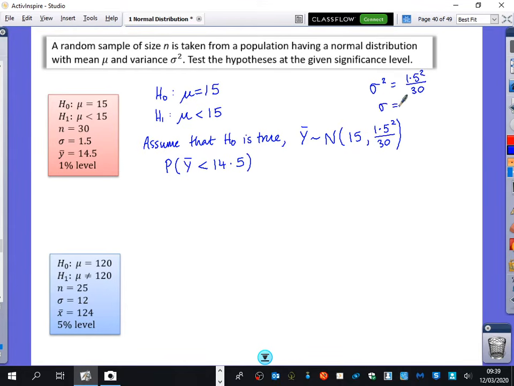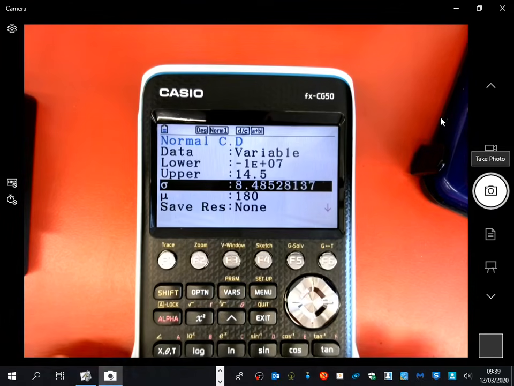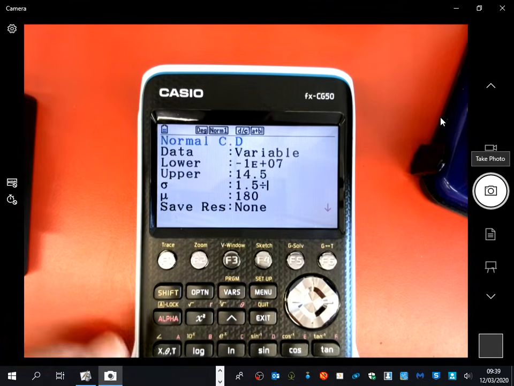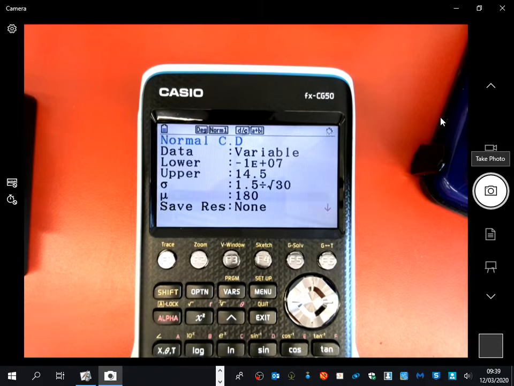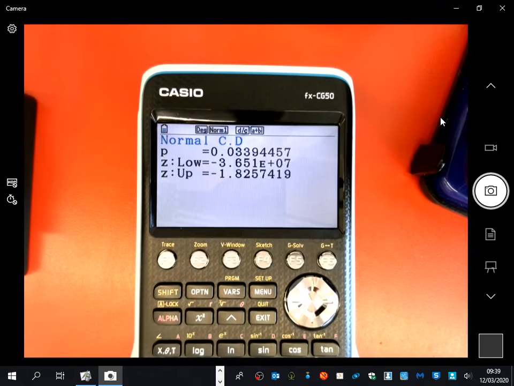So what would the standard deviation be? Root that, yeah. If you root the top and you root the bottom, you get 1.5 over root 30. So I'm going to type into my calculator 1.5 divided by root 30, and they said that the average was 15. So we get that the probability is 0.0339.